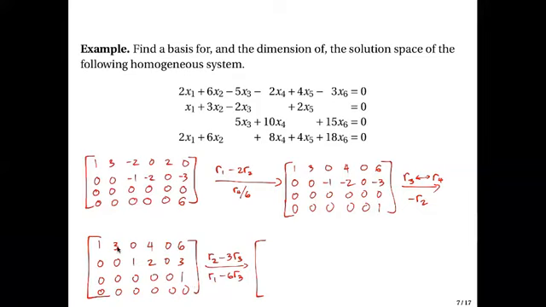Everything on the first 5 entries we'll just copy. And then this guy here, 6 minus 6, that becomes 0. So we have 1, 3, 0, 4, 0, 0.